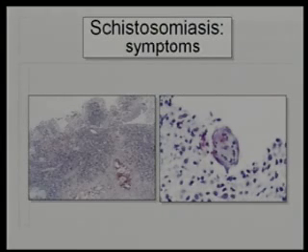This is a picture taken from the New England Journal of Medicine, where an Egyptian immigrant was suspected of bladder cancer and had a growing mass in the bladder, and a biopsy showed this enlargement showing the egg.